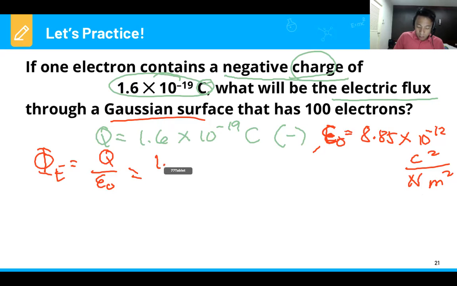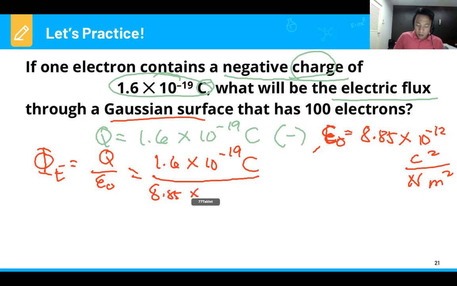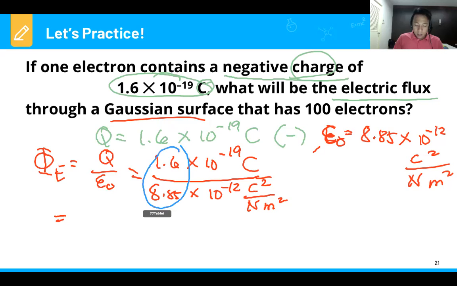Now, let us put those two givens in our formula. We have 1.6 by 10 raised to negative 19 C over 8.85 by 10 raised to negative 12 C squared over N m squared. Nakalimutan nyo naman, paano mag-divide ng scientific notation? Gagawin natin siya by part. So 1.6 divided by 8.85.